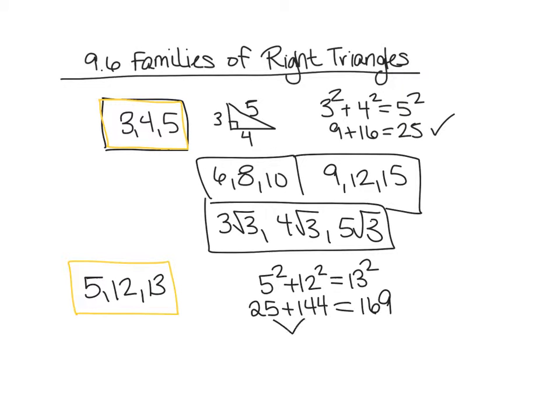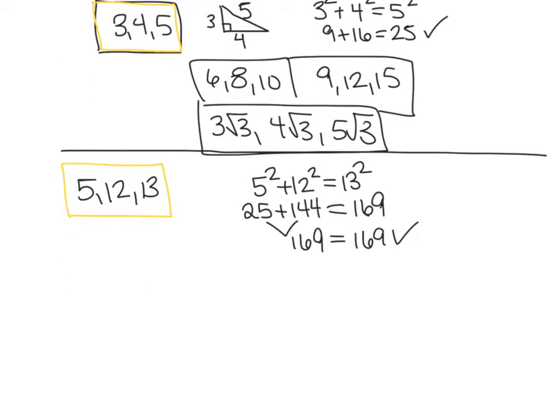When you add these two, you get 169. So that checks out. So different triangles that are part of the 5, 12, 13 family. Another example we can write would be if you multiplied everything by 3, you'd have 15, 36, 39. So that would be part of this family.